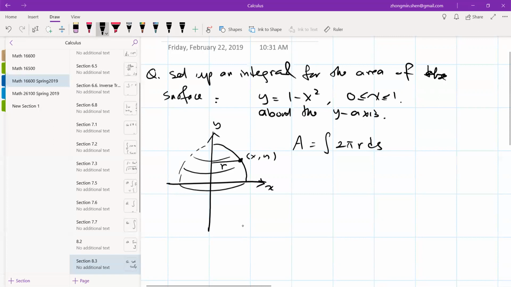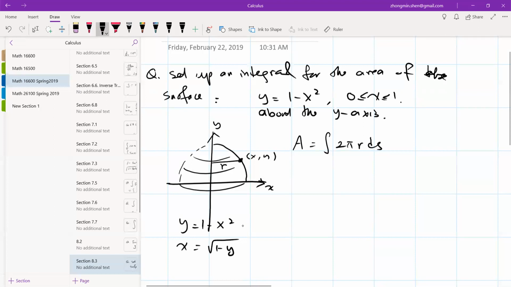So y is 1 minus x squared, and x is the square root of 1 minus y. You can set one variable as a free variable, and then the other variable depends on the free variable. Then you can parameterize this curve using the x variable or the y variable.